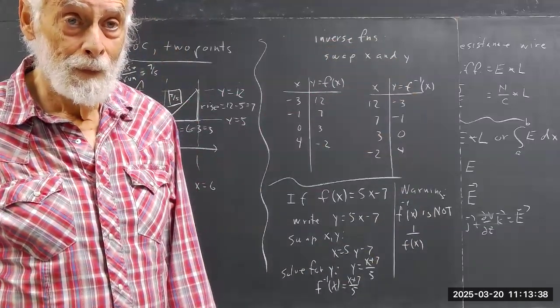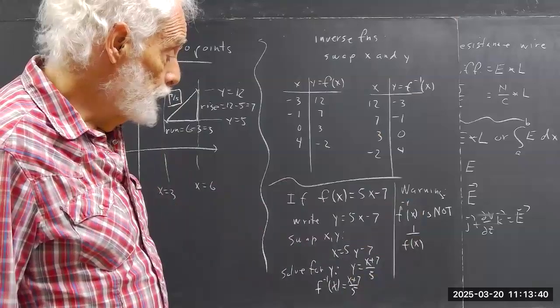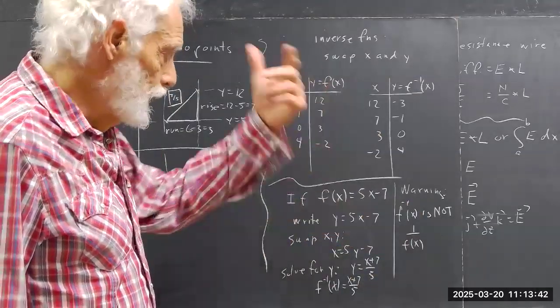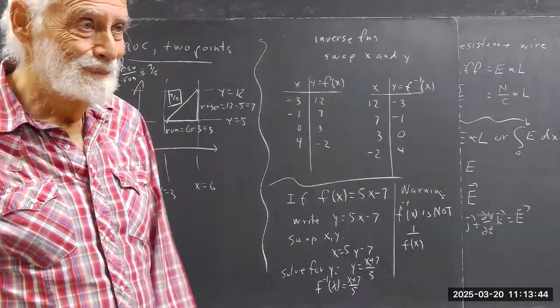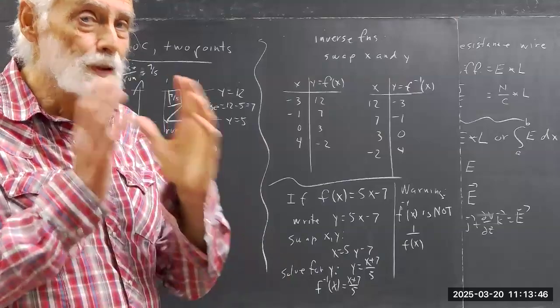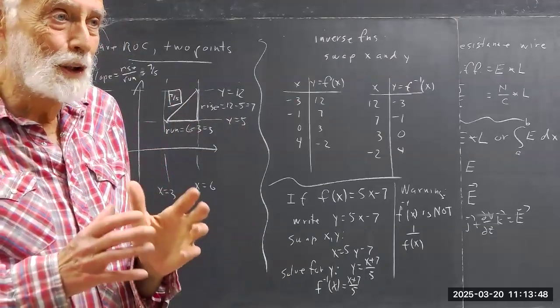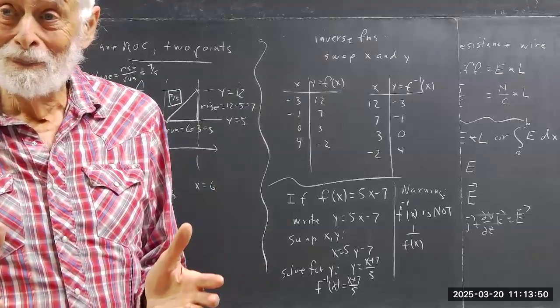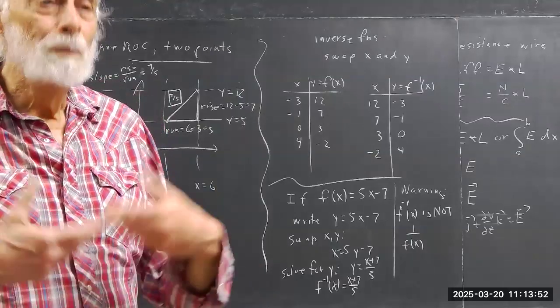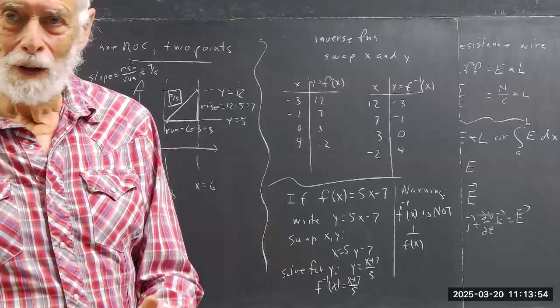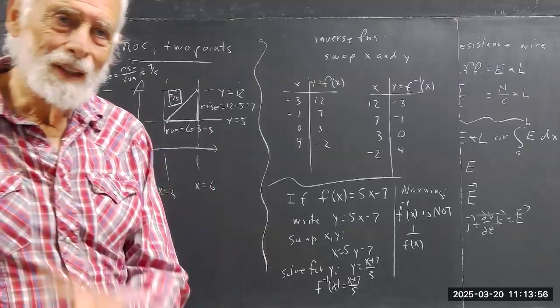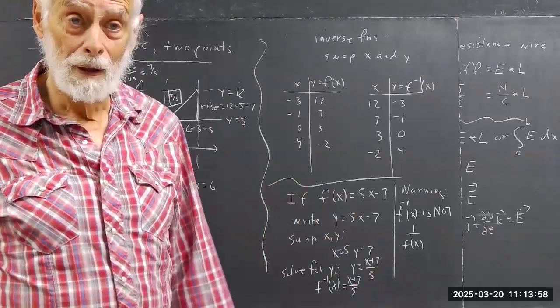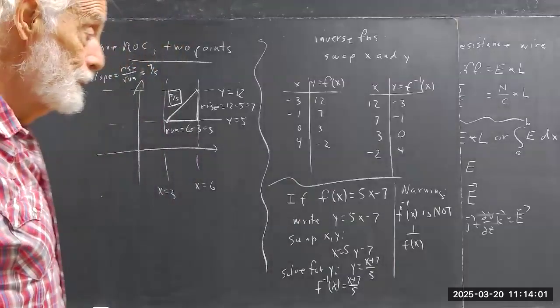So don't make that mistake. That was a very frequent mistake. People say 1 over 5x minus 7. But there's some thought behind that. At least you know what a negative exponent means, right? You're just applying the idea of a negative exponent in a situation where it doesn't apply.